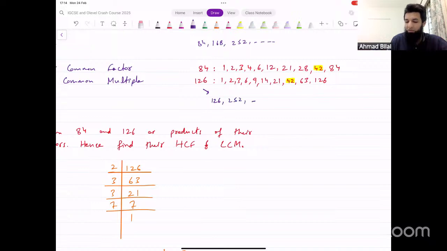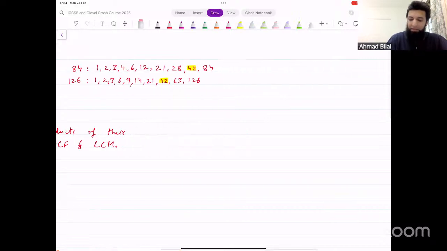252 and so on. What's the least common multiple? The smallest multiple that is common for both of them. Now, let me write them on the side here. These were factors. If you were to write down their multiples, for 84, we would have 84, 168, 252, and so on.